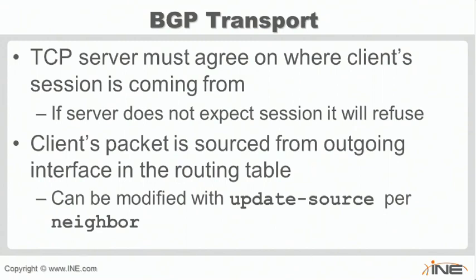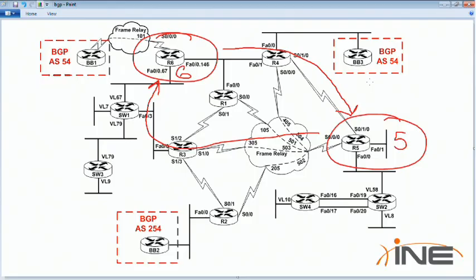You'll see that the vast majority of real design cases for this will be that the update source is going to be a loopback interface. The reasoning behind this is, let's say between router 5 and router 6, if I'm advertising my loopback into the IGP, then it really doesn't matter what physical link I'm using to route between router 5 and router 6.